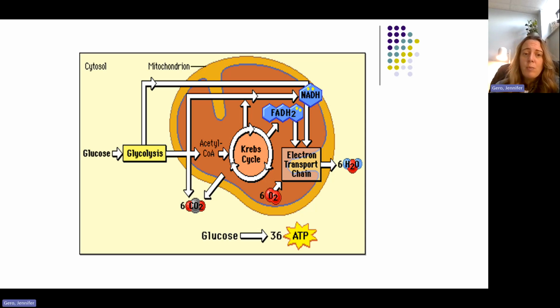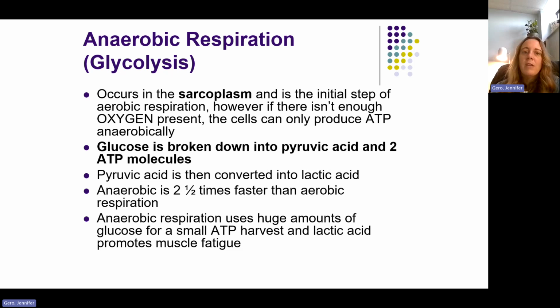If enough oxygen is present, then the process is going to continue to yield this 36 ATP with oxidative conditions, which means with oxygen conditions. If there is not enough oxygen, then glycolysis is just going to continue out here in the cytosol, and the yield is very, very different.